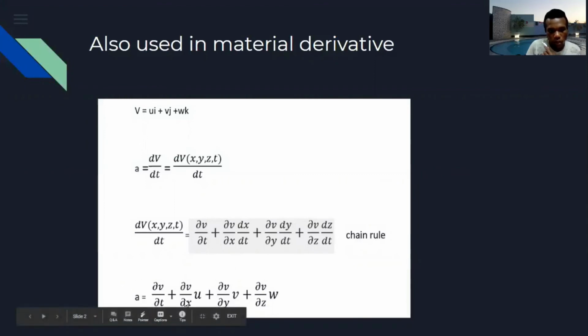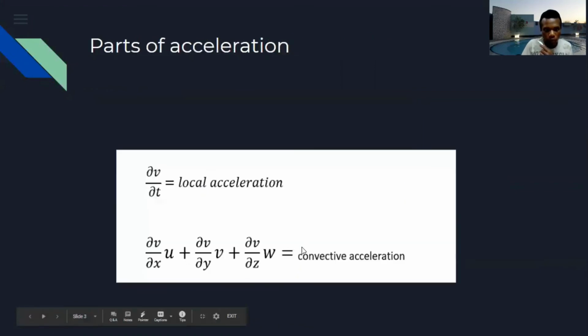So acceleration is the partial derivative of v with respect to t, plus the partial derivative of v with respect to x with the u component, which signifies dx/dt, the partial derivative with respect to y with the v component, which signifies dy/dt, and the partial derivative with respect to z with the w component, which signifies dz/dt.